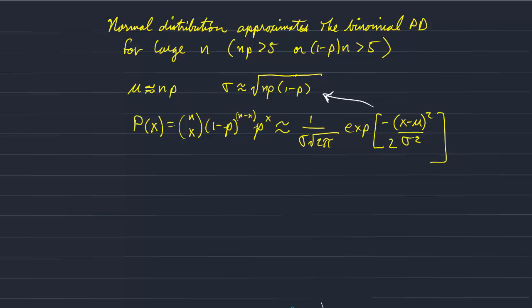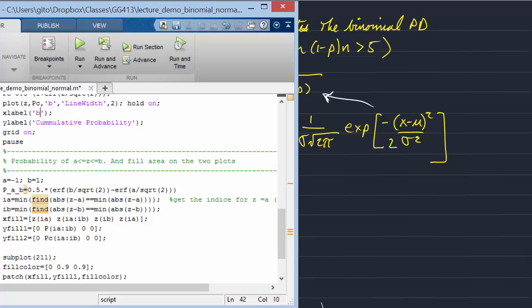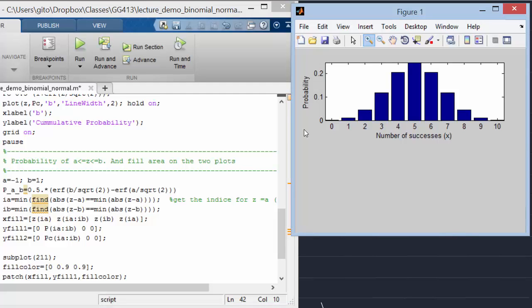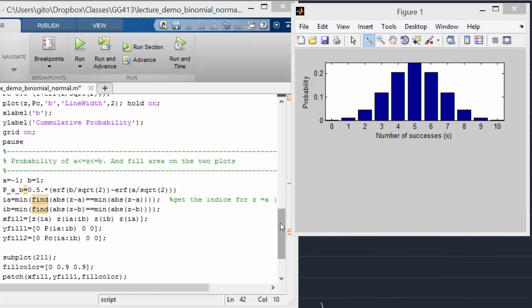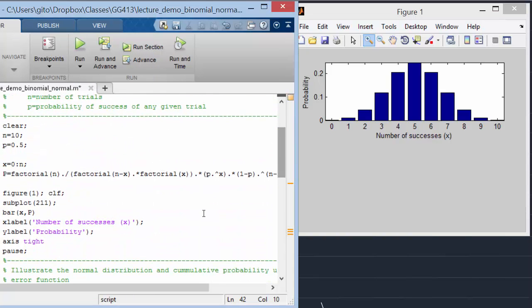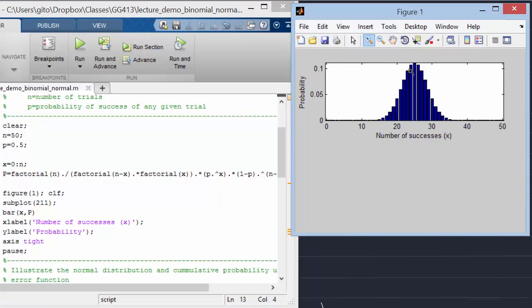And let's look at this here. We'll show our MATLAB example. So here, for a binomial probability distribution, let's make n equal to something big. So we'll make it equal to 50. And we'll run our script. Okay, so we get this binomial distribution. We looked at that originally.